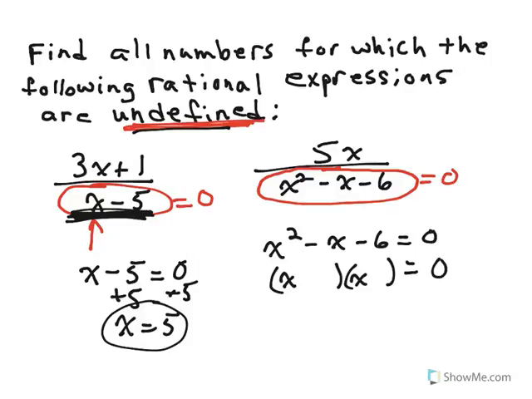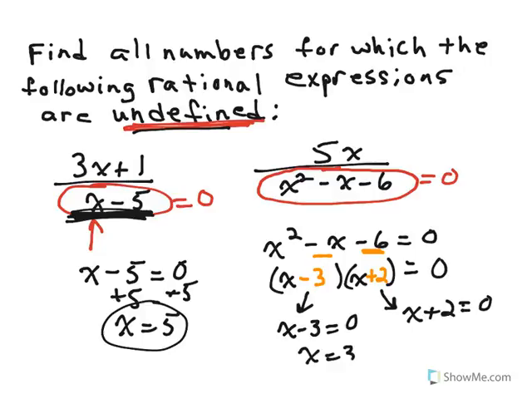Factors of negative 6 that when we add give us negative 1 would be a negative 3 and a positive 2. So now we set each factor equal to 0 and solve for x in both cases. And we get x equals 3 and x equals negative 2.